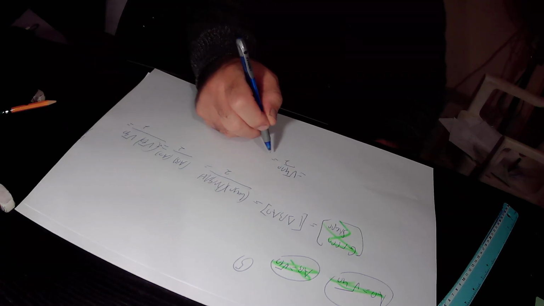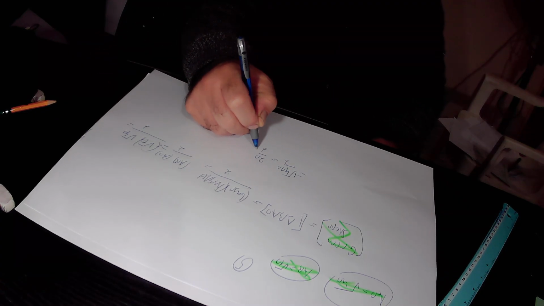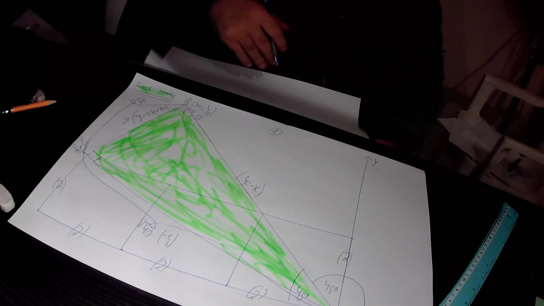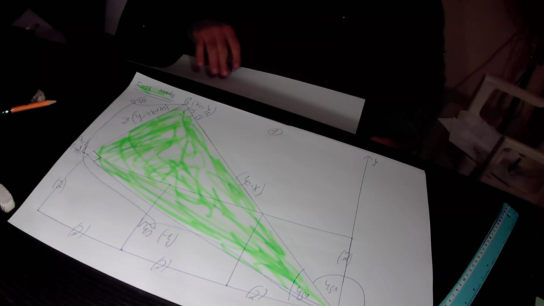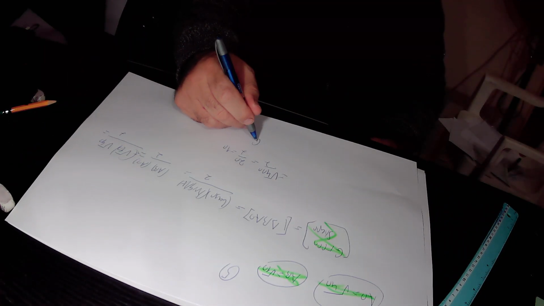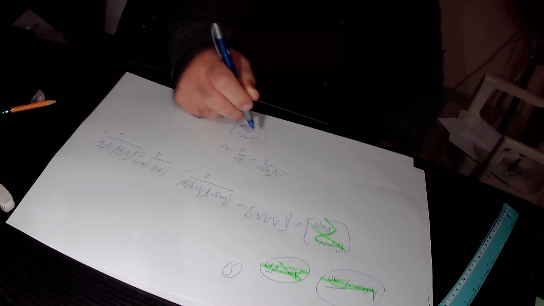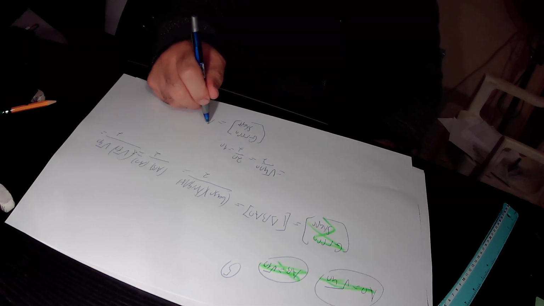The square root of 400 is 20 and 20 over 2 is 10. So we found out that the area of this shape, that is the area that we are looking for in this question, is equal to 10 square units in its size.